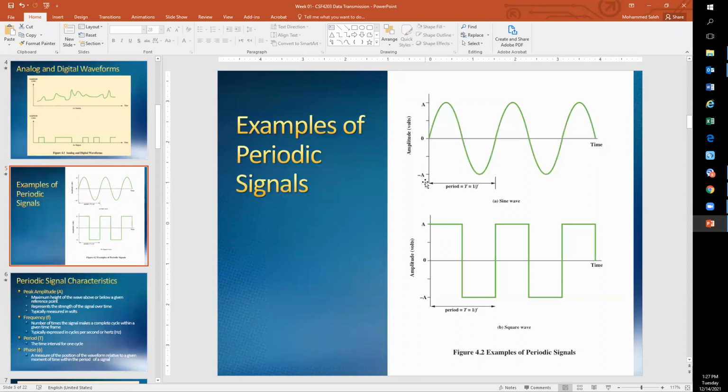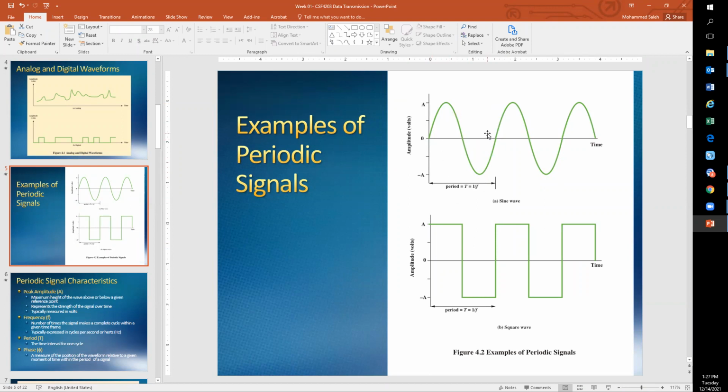These are examples of periodic signals. As you can see here, the time needed to complete one full cycle is called the period, T. The maximum value is called the amplitude. This value A is the amplitude, and this is measured in volts.